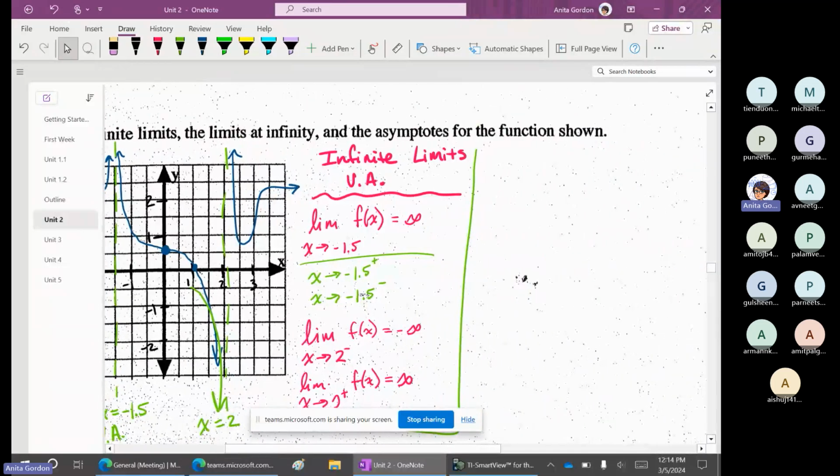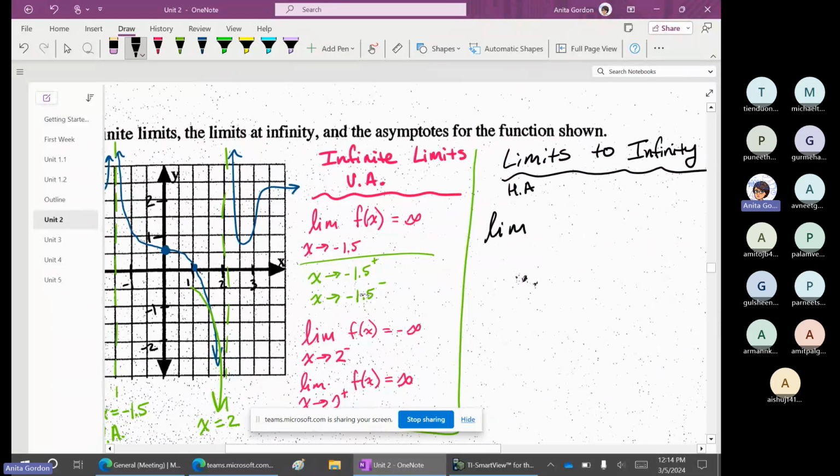So this is what I'm going to look at, the limits to infinity and beyond. Okay, I'm going to infinity. I'm not finding where the function is at infinity. So this is where I'm looking for horizontal asymptotes. So what is the graph doing as x goes off to negative infinity?